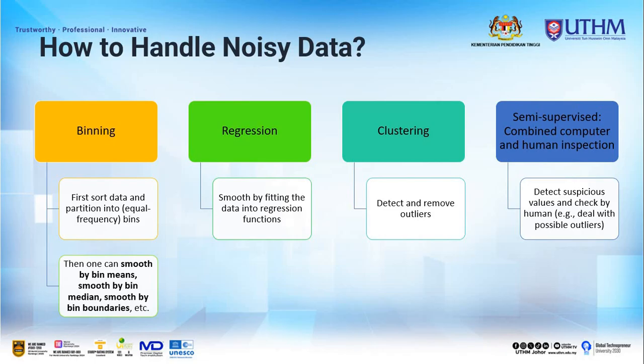First sort the data and partition into equal frequency bins, then one can smooth by bin means, smooth by bin median, smooth by bin boundaries, and so on. The second method is regression. Regression models the trend and filters out unusual data points. Third, we can use clustering. It detects and removes the outliers.